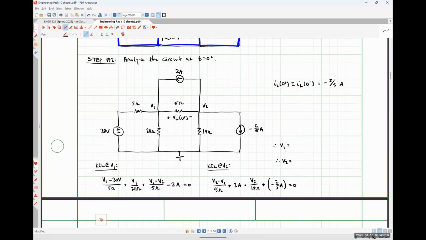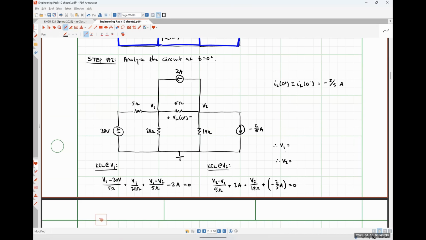So we've got a 2x2 system. My coefficient for V1 in my first equation is 1/5 plus 1/20 plus another 1/5. My coefficient for V2 is -1/5. And my constant term is going to be 20/5 plus 2.